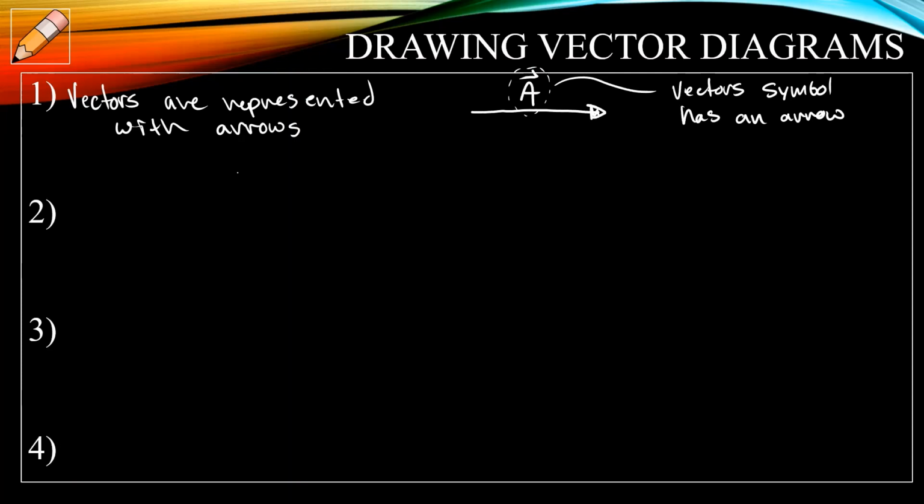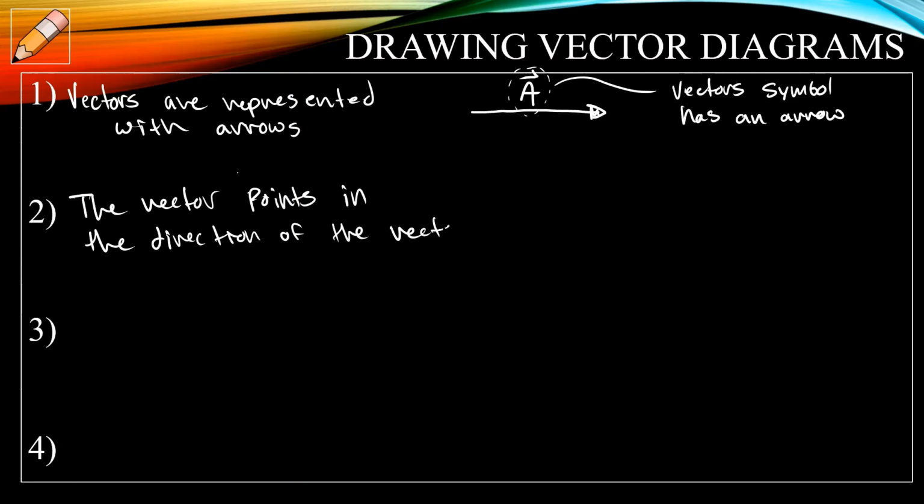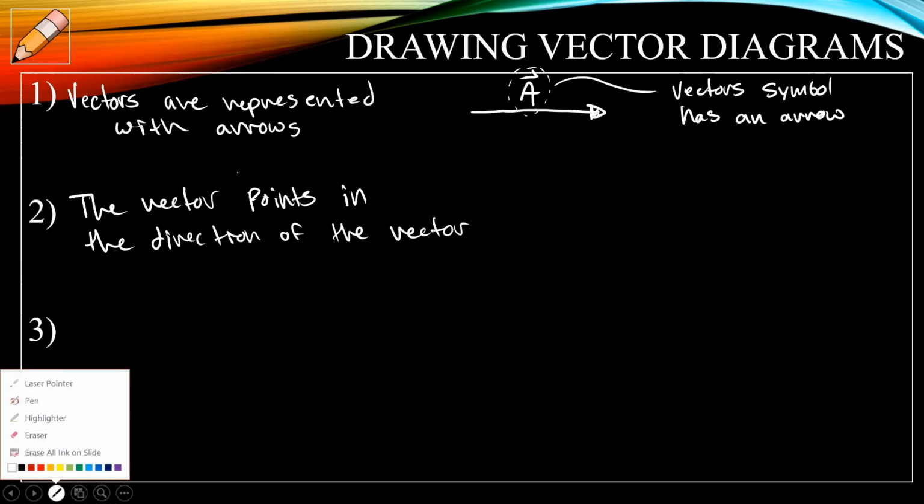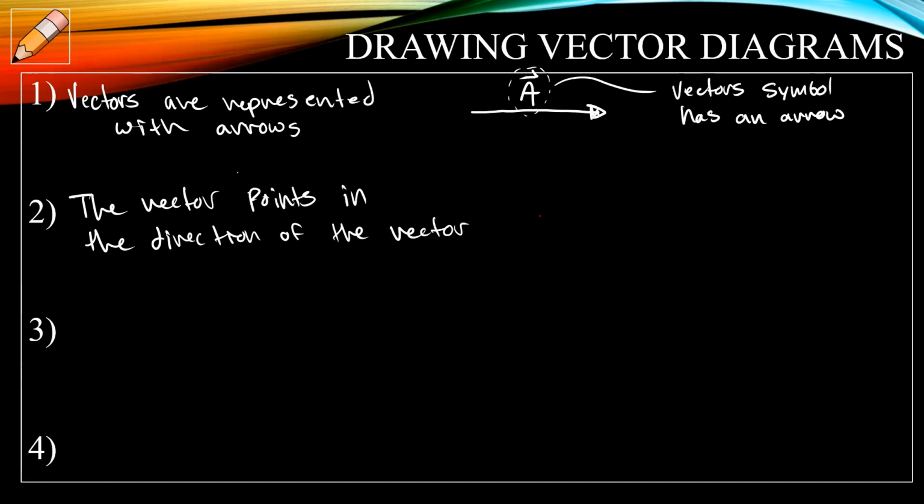Whenever you're drawing a vector, the vector is drawn pointing in the direction of the quantity. It's really important that the direction that you're drawing the vector is actually the direction that that quantity is pointing in.